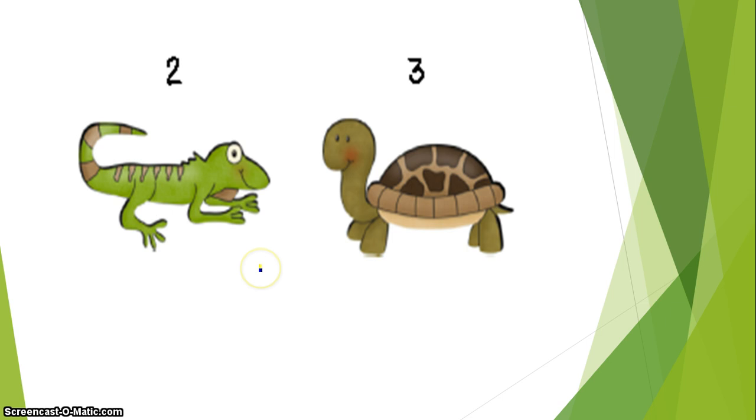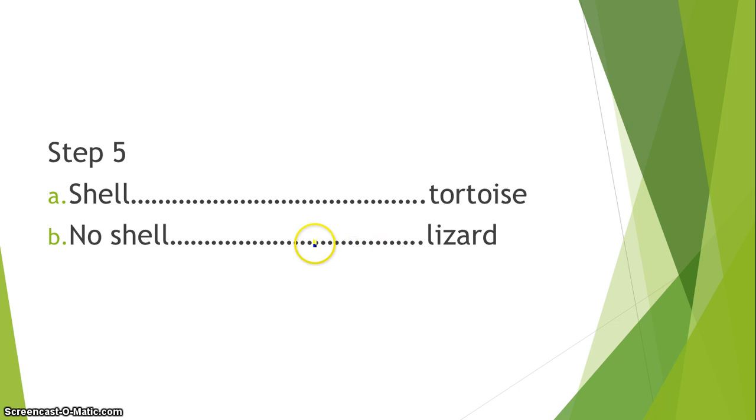Both of them are reptiles, and both of them have 4 legs. I will have to use something else to distinguish them, so I'm going to choose the presence or absence of a shell. If the animal has a shell, it is our tortoise, and if it doesn't have a shell, it's our lizard, and I would write it like this.